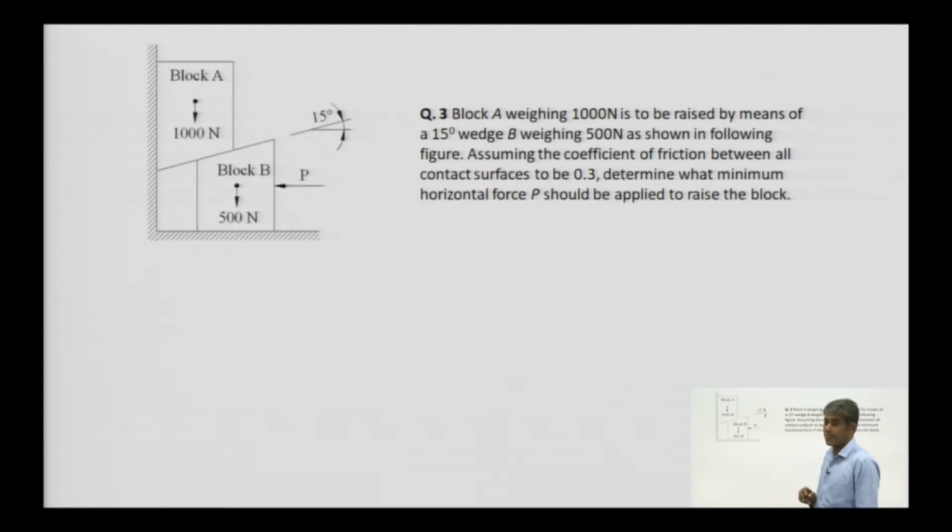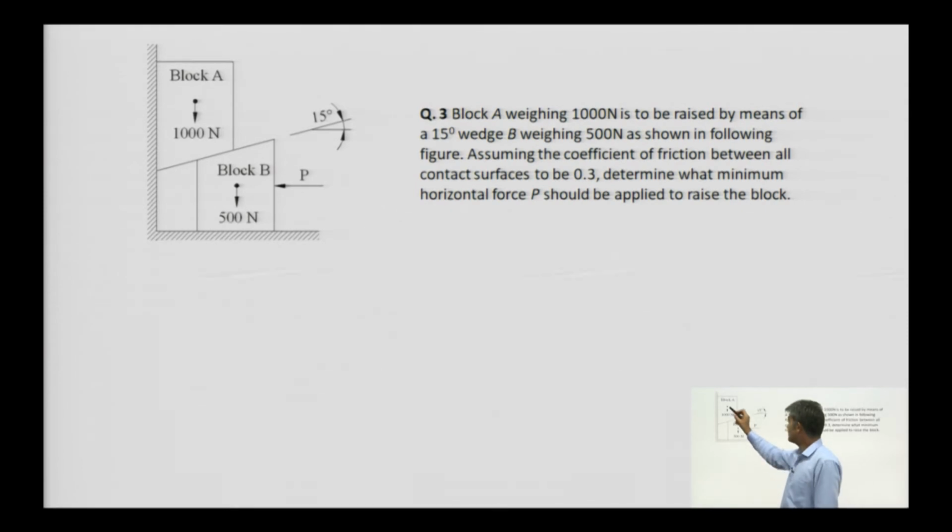Next, in this example, there are two blocks: block A of 1000 Newton weight and another block B of 500 Newton.